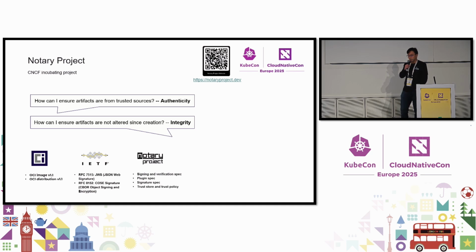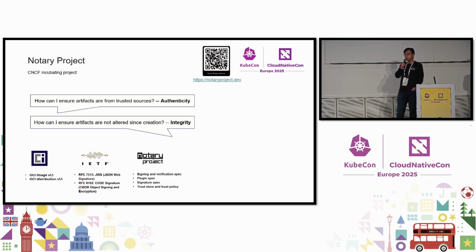We comply with the OCI specification, the latest 1.1, so that you can manage signatures in an OCI compliant registry efficiently. We also support two IETF standard-based signature formats: one is the JSON format, JWS, and the other is binary encoded COSE signatures.